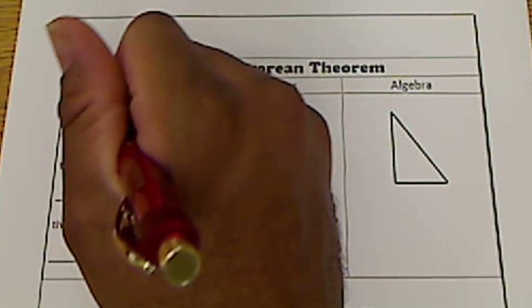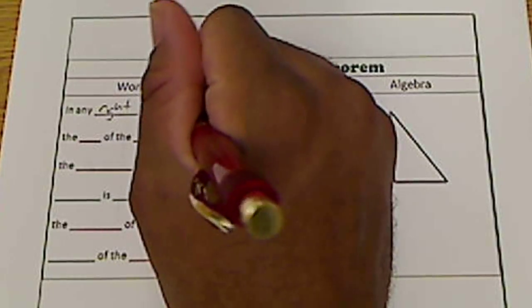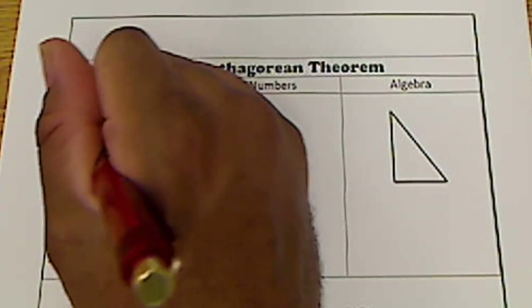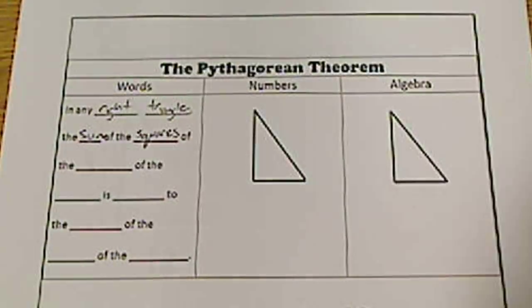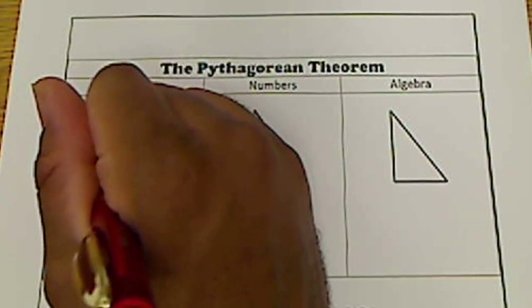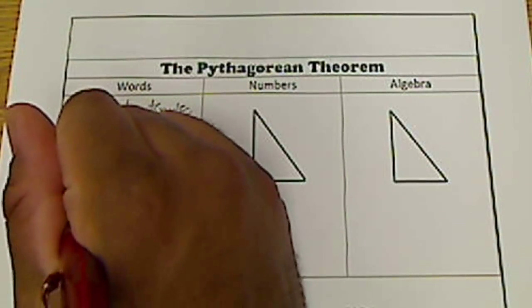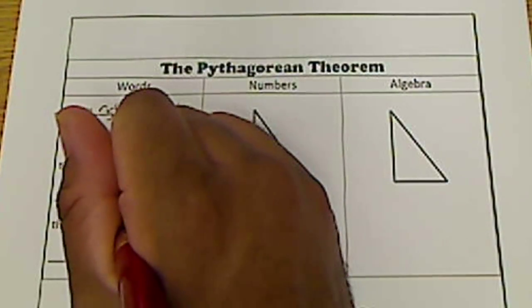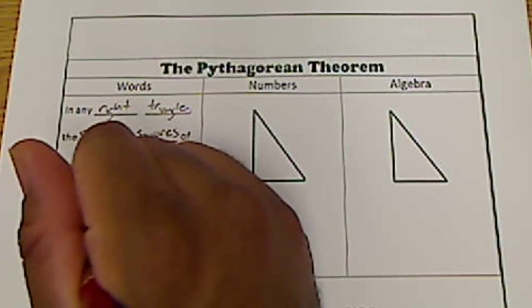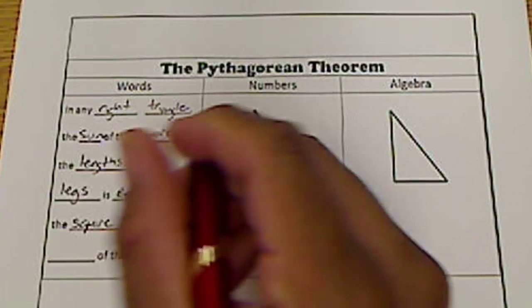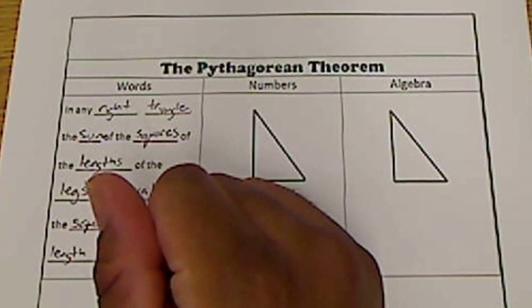In any right triangle, the sum of the squares of the lengths of the legs is equal to the square of the length of the hypotenuse.